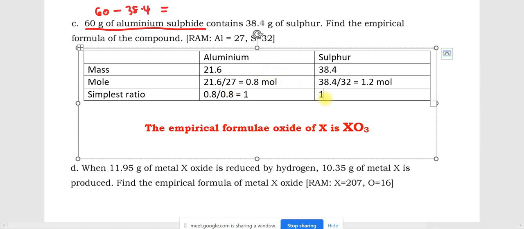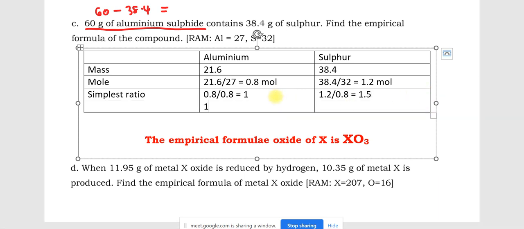This 1.2 also you divide by 0.8, which you get 1.5. When there is a 0.5 like this, what did I say, you must multiply by 2. An extra step. If it is exactly 0.5, multiply by 2. Both also. So 1.5 multiplied by 2 gives 3.